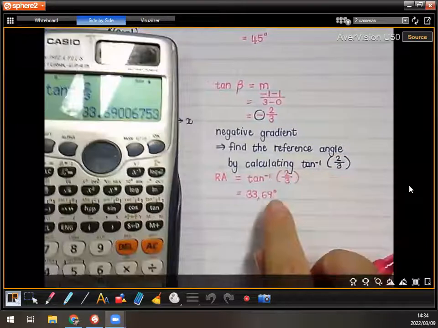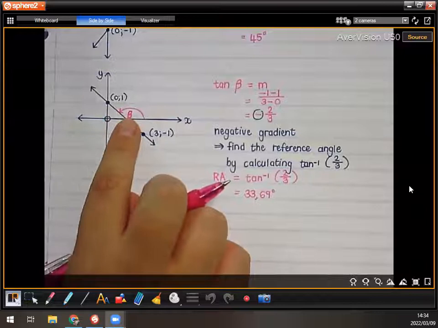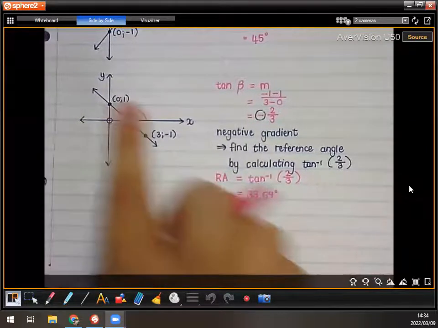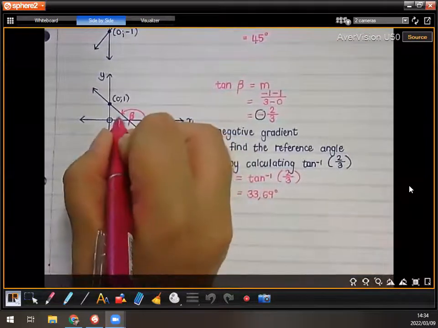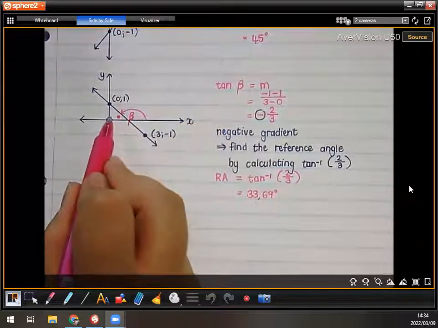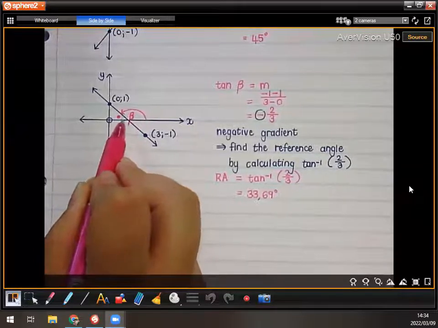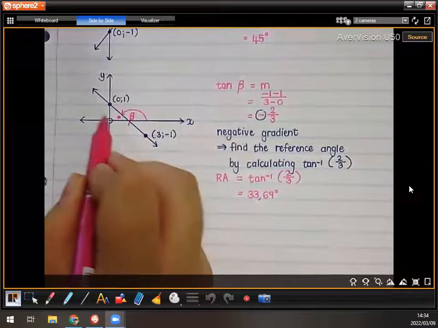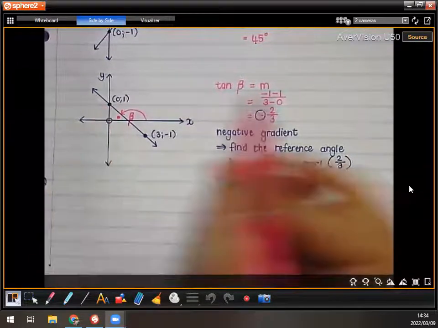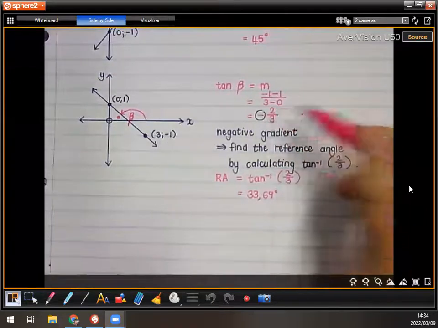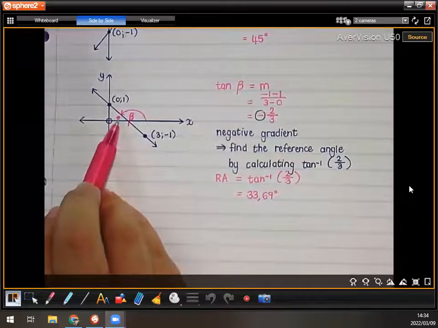And there we get 33,69 degrees. Now, guys, this also can't be the answer. We agree that this must be an obtuse angle. Now, the angle that we're actually getting here, this 33,69 degrees, is actually this one, the acute angle that is next to beta. That is actually the angle that we're getting. It's almost like we're calculating an angle of inclination from the wrong side, because we're changing that negative sign to a positive sign in our calculation, so we're actually getting that angle.